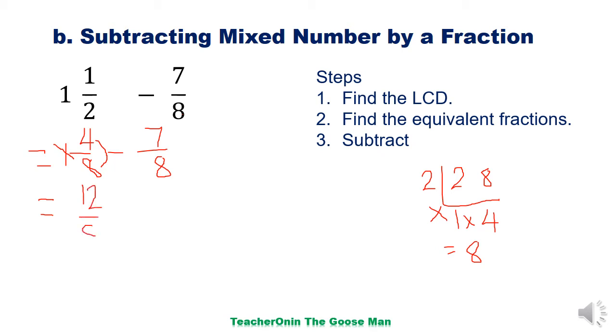And copy the same denominator, minus 7 eighths. Okay, and then I'll simply subtract 12 and 7, so I have here 5 over 8.